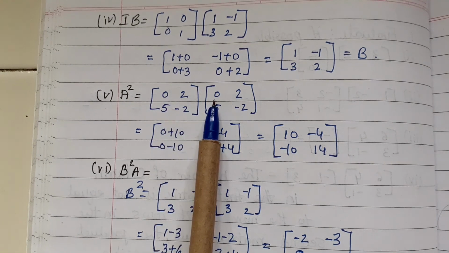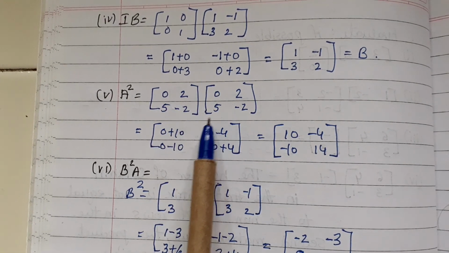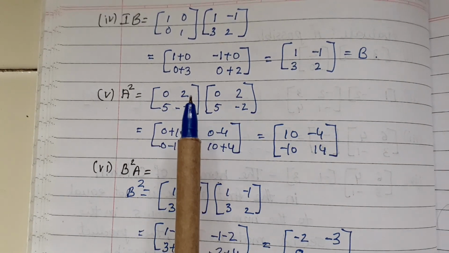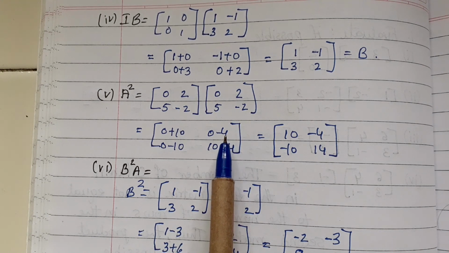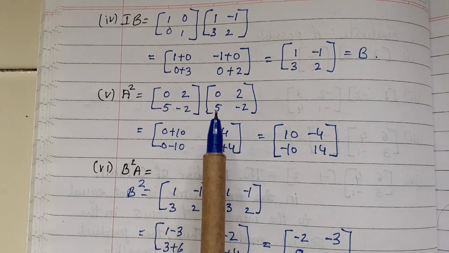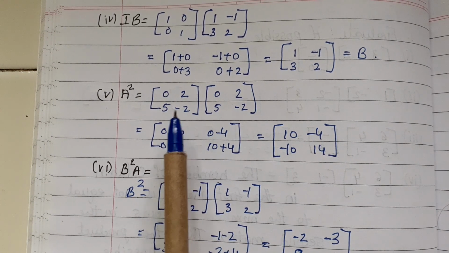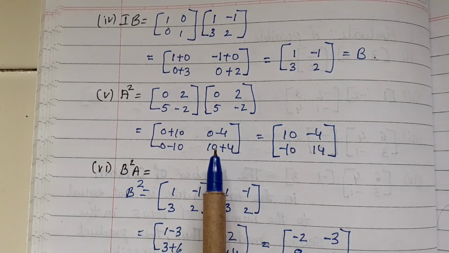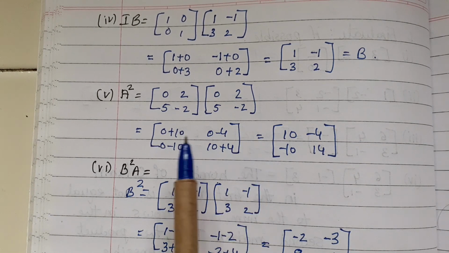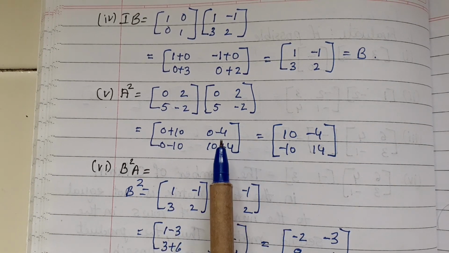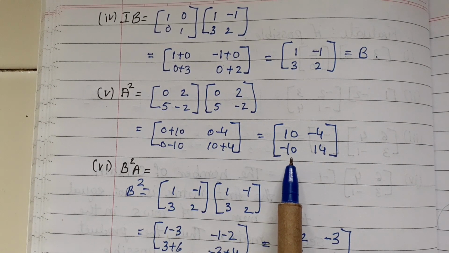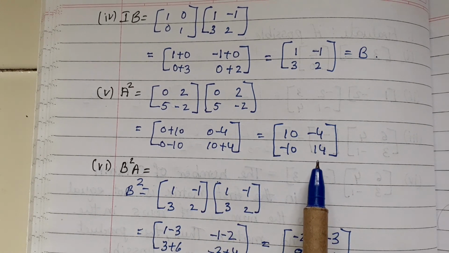So 0 into 0, 0, 2 5s are 10. 0 into 2, 0, 2 into minus 2, minus 4. 5 into 0, 0, minus 2 into 5, minus 10. 5 2s are 10, minus 2 into minus 2, plus 4, equal to 0 plus 10, 10, 0 plus 0 minus 4, minus 4, 0 minus 10, minus 10, 10 plus 4, 14.